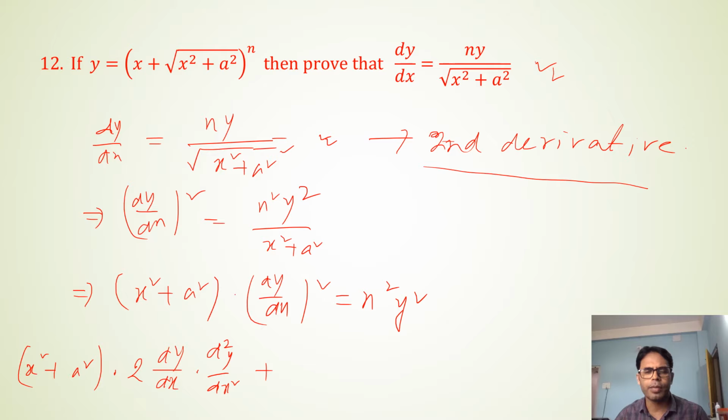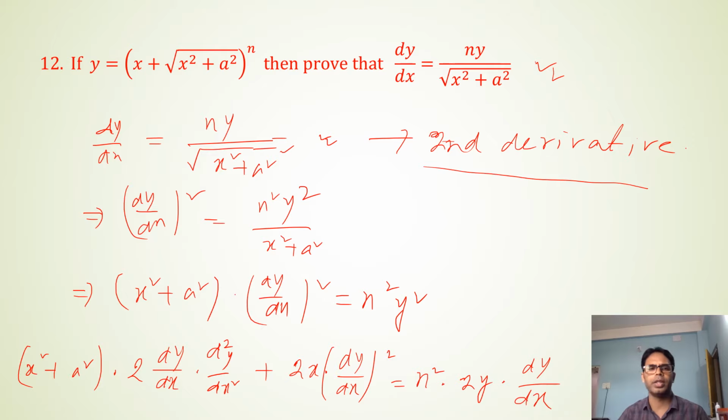The differentiation of x square plus a square is 2x only, and it is dy dx whole square, already here, and on the right hand side n square is already there. Y square differentiation is twice y, and for y by chain rule you should write dy dx. Now you see this 2 dy dx, and from here also 2 dy dx can be cancelled.